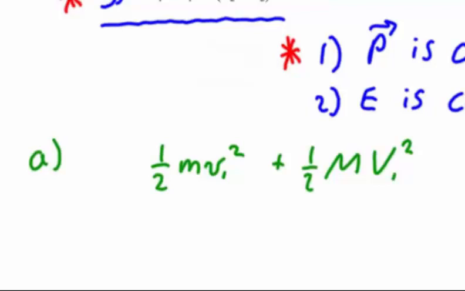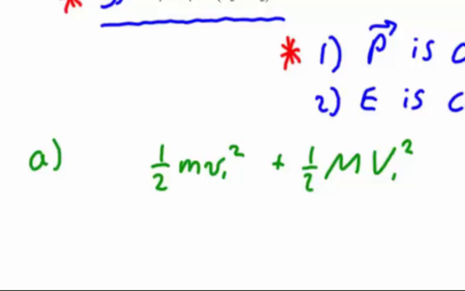As usual, I am using numerals to denote which moment. So velocity at moment 1 is always subscript 1, and I am using capitalization to denote which object. So we have lowercase m with lowercase v and uppercase M with uppercase V.